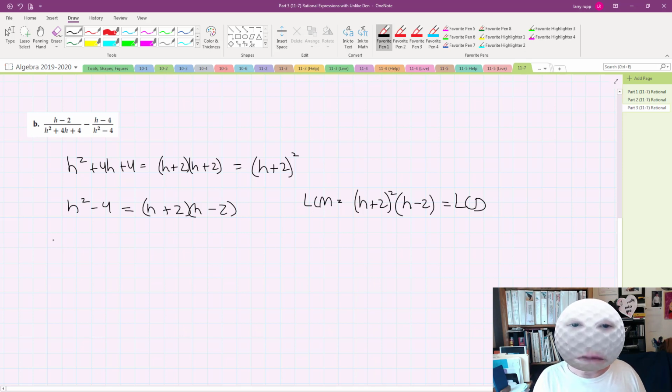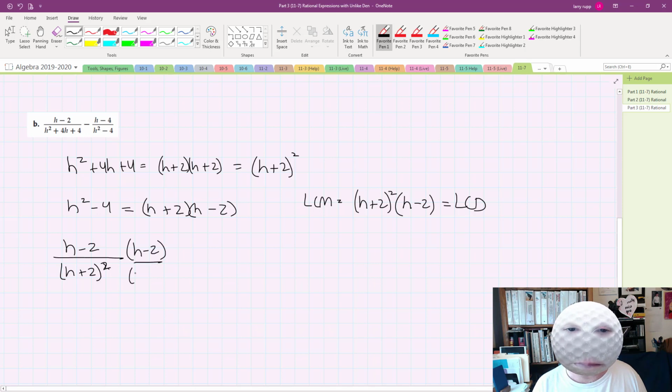Great. So now we go back to the original problem, and we have an h minus 2 all over, and we write this one in factored form, (h plus 2) squared. So what is this denominator missing? It's missing an h minus 2. Then we minus (h minus 4) over (h plus 2)(h minus 2).